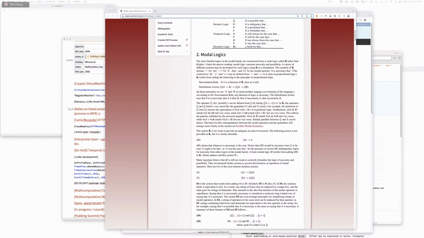For example, diamond P is equivalent to square diamond P. Okay, fine. In fact, we've already got things like this here. This is the same axiom, even with the same number as the other thing I'm looking at.